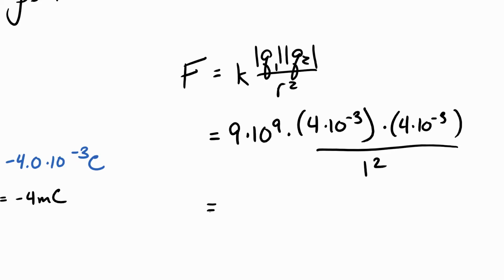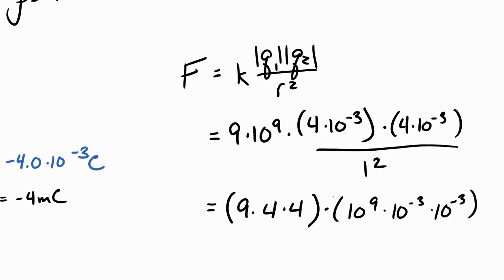When we're doing scientific notation, we're going to group up all the coefficients, so 9 times 4 times 4. And we're going to group up all the powers of 10: 10 to the 9th times 10 to the negative 3 times 10 to the negative 3. This whole thing is divided by 1. So really, just that.